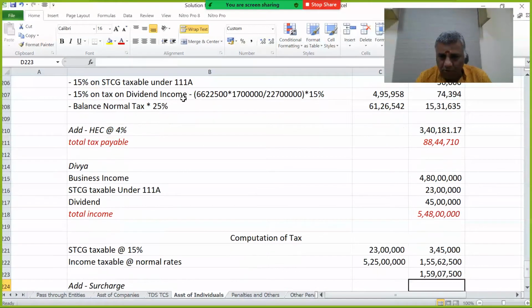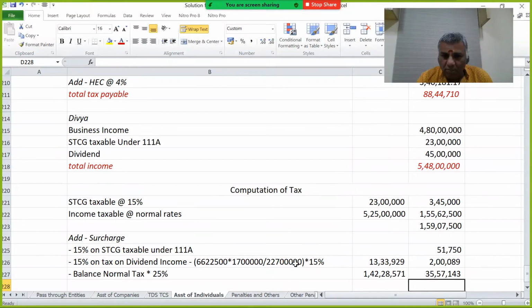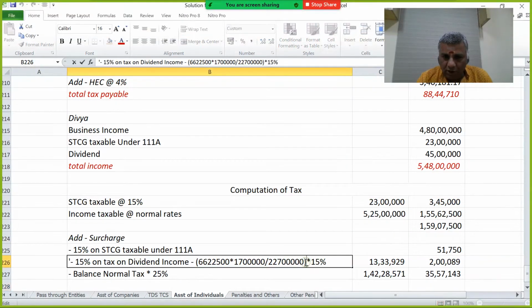So here the formula for dividend income will be: 1 crore 55 lakh 62,500 into 45 lakhs divided by 5 crore 25 lakhs into 15.